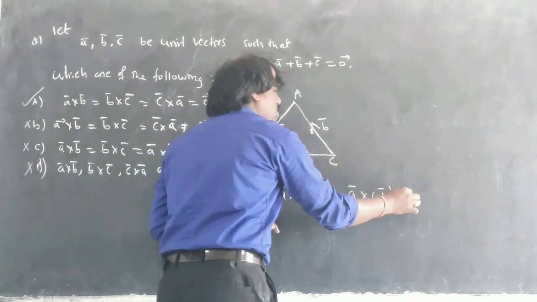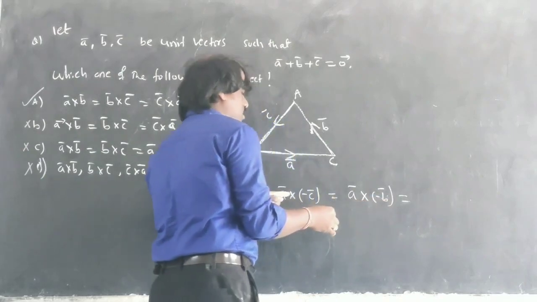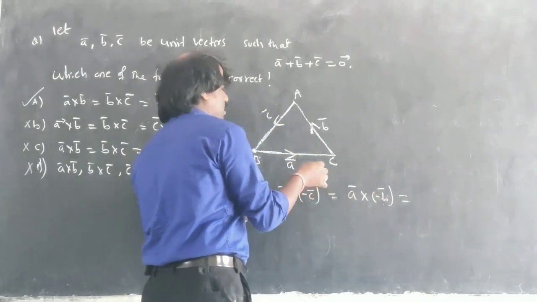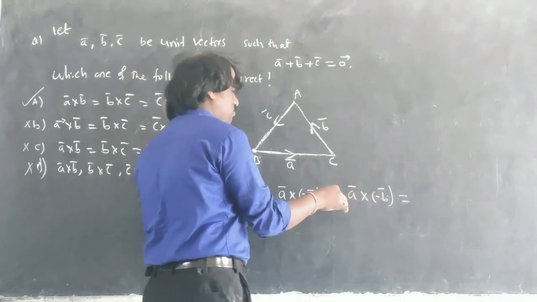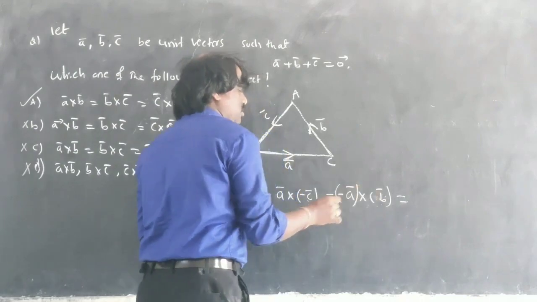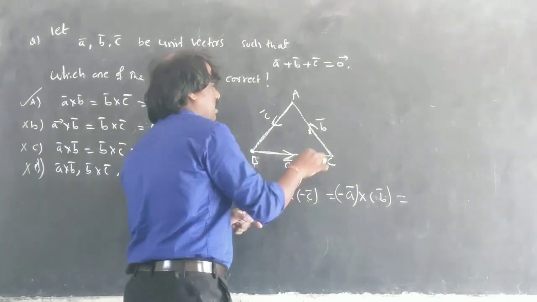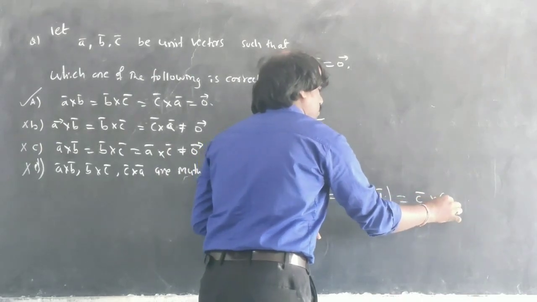And this is equal to B cross C. If I change any one, as I changed A and B, let us change C: I change B, I have to change A once, right? So I'll change A here, and I'll make it positive B here. And then next time I'll change B, I'll write C, so C cross minus B vector.